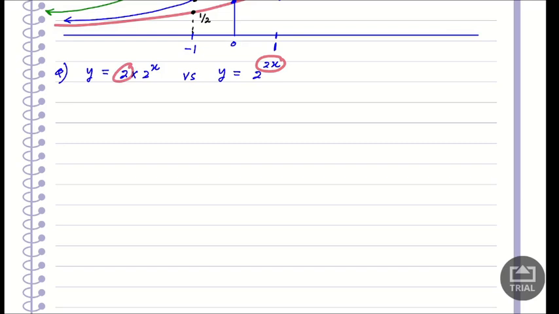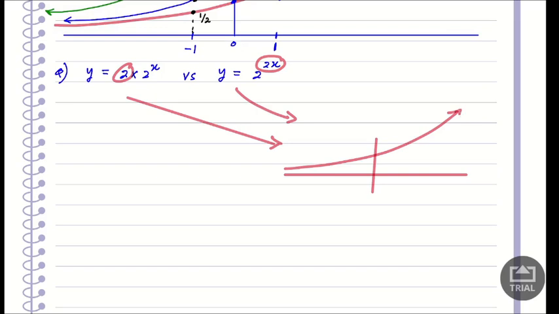Yes, you can plot it, but you have to understand the shapes are different. Definitely the shapes are different, but both of them are exponentials, so it should show you this shape anyway. How it goes, one can be like this, one can be like that, that would be different, but this basic shape is going to be the same. Okay, so I will leave that with you to understand.